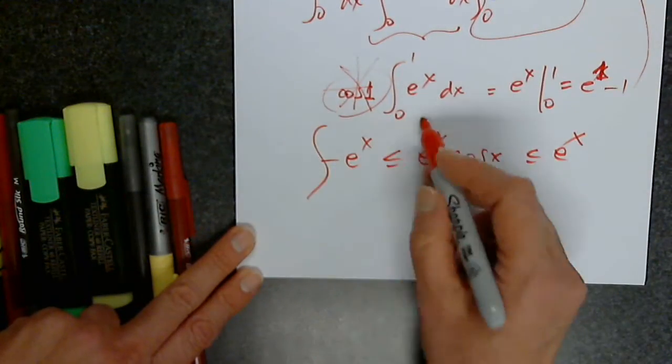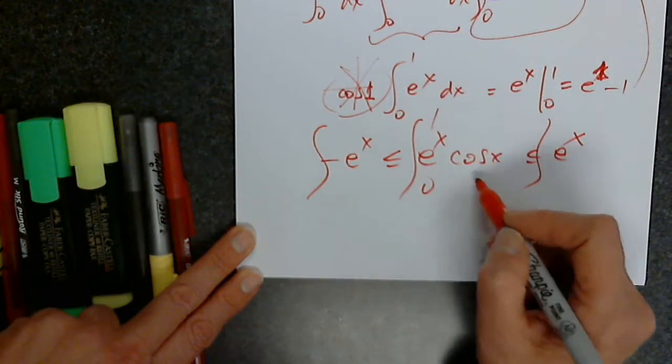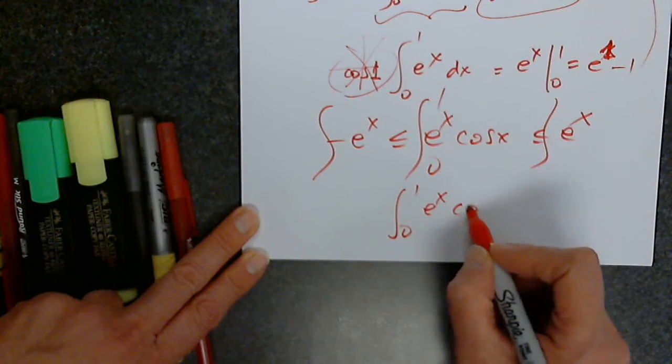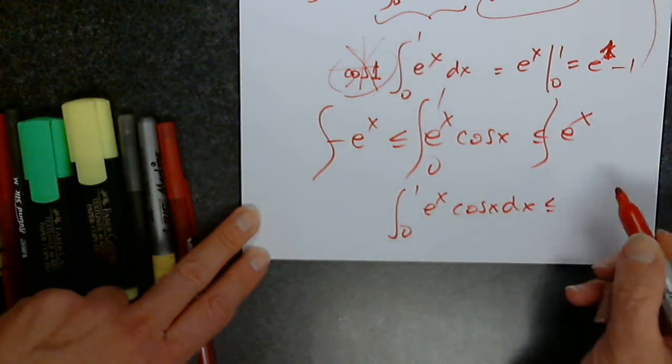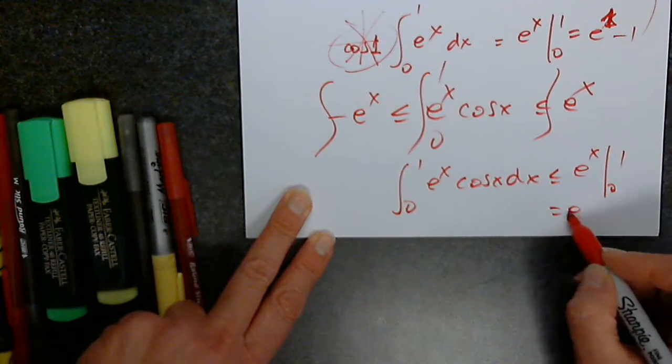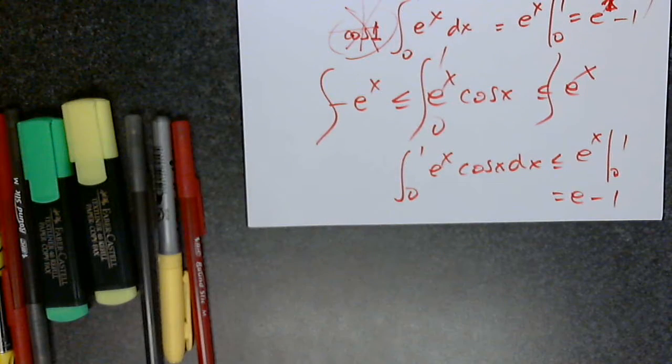And when I integrate everything from 0 to 1 dx, then I have the integral from 0 to 1 of e to the x cosine x dx is less than or equal to e to the x from 0 to 1, which is e minus 1. And that's good enough.